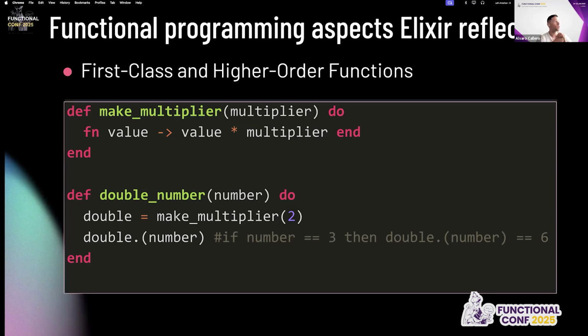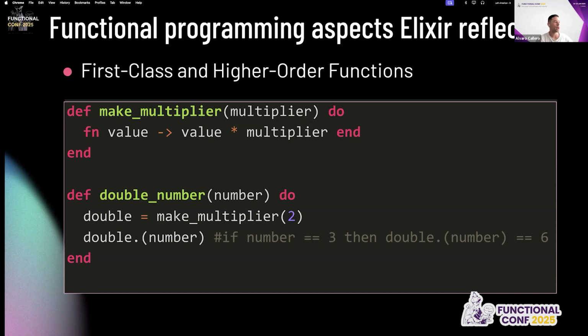We are gonna have two functions, one called make multiplier, the second one called double number. The first one will be receiving a param called multiplier, and this function will be returning another function, an arrow function or an anonymous function. This will be receiving a param called value and will be returning the multiplication between value and multiplier. Then we are going to have the double number function.